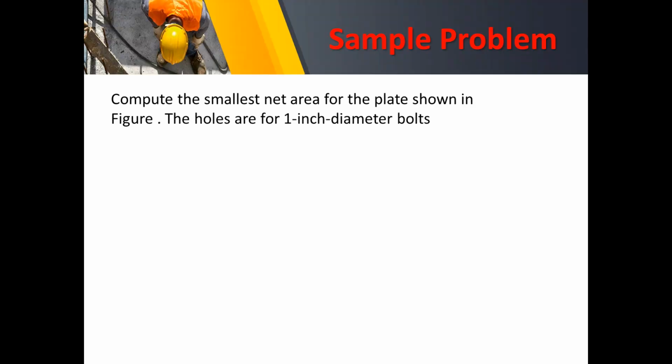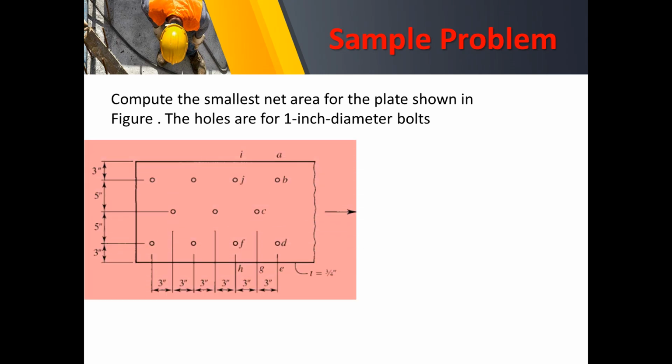So let us have an example. Compute the smallest net area for the plate shown in the figure. The holes are for 1 inch diameter bolts. So here is the configuration.